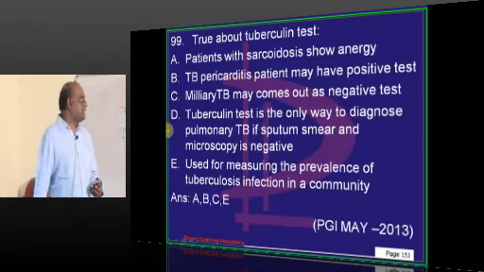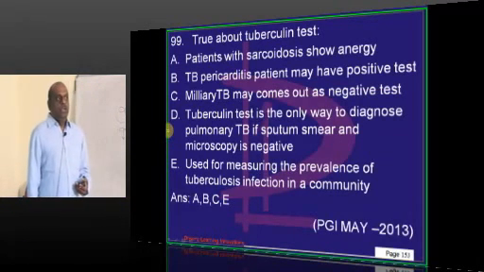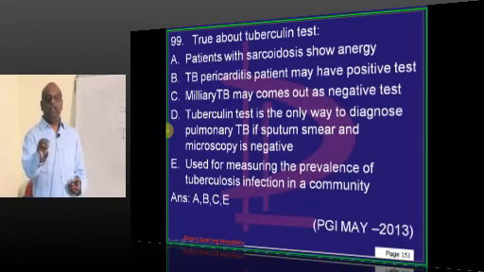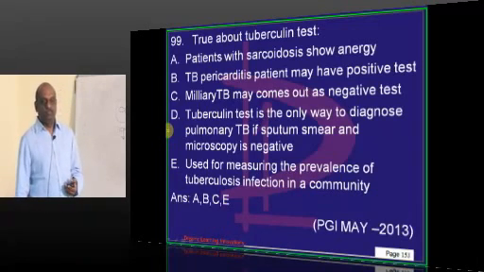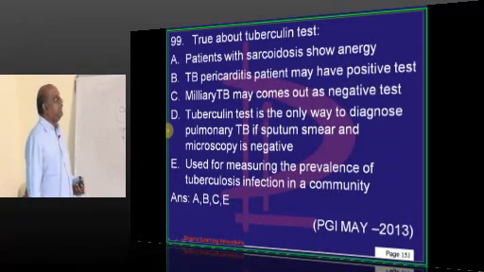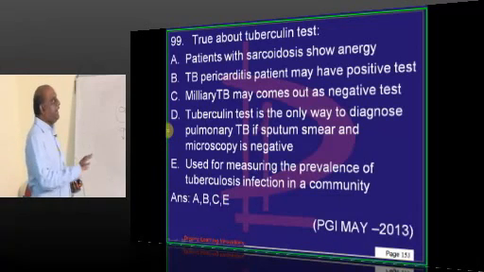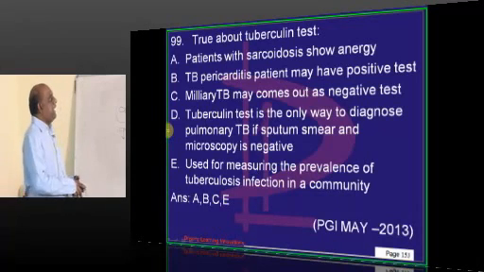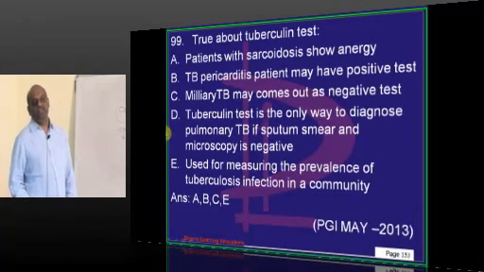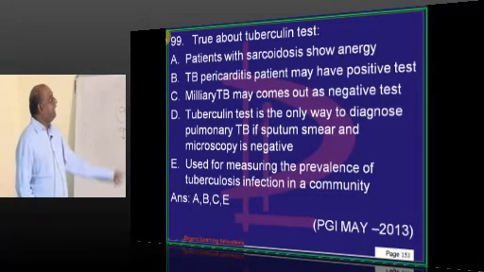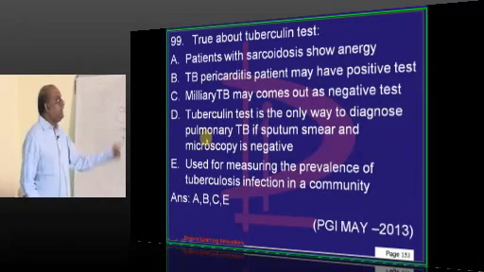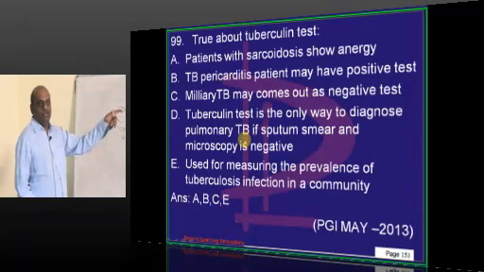Now coming to tuberculin test. Those who have sarcoidosis will typically be tuberculin negative. They show anergy. Then TB pericarditis will show a positive test. Miliary TB can show a negative test, and tuberculin is used to know the prevalence. But will you use the tuberculin test to diagnose pulmonary TB?